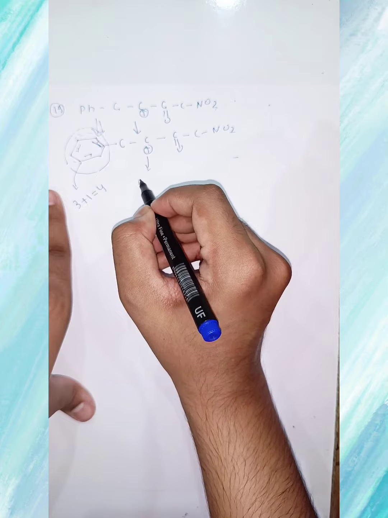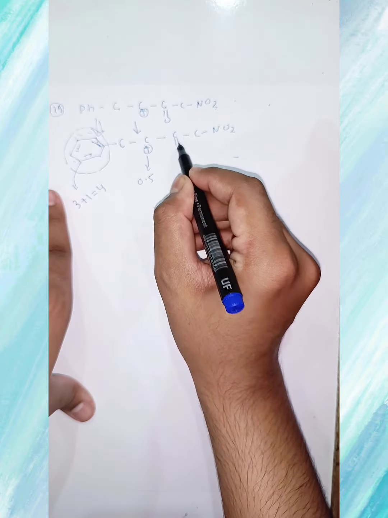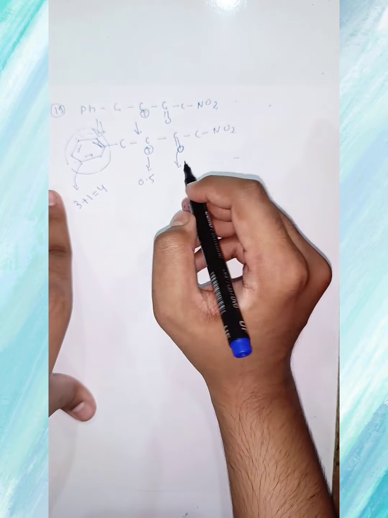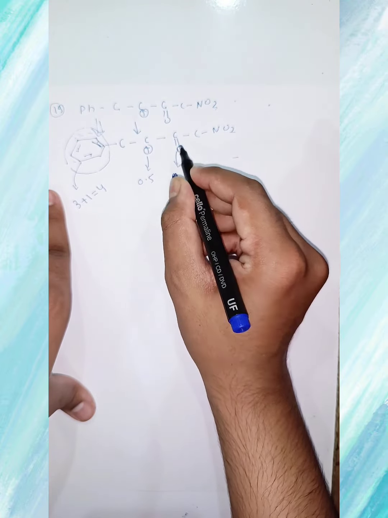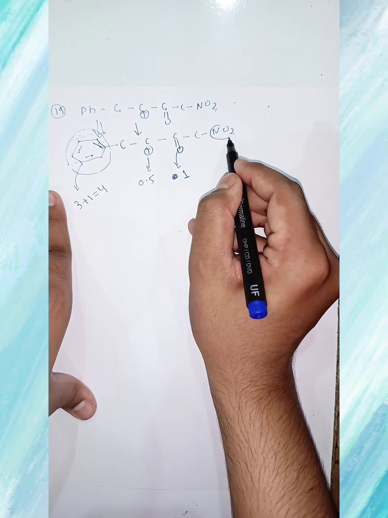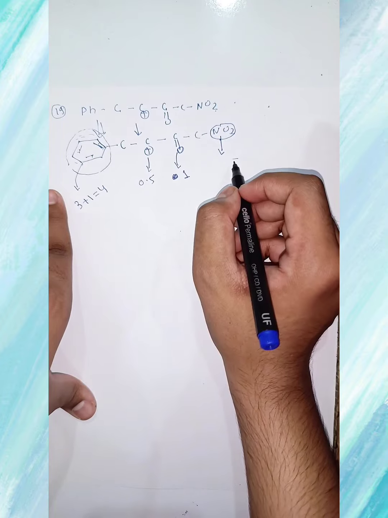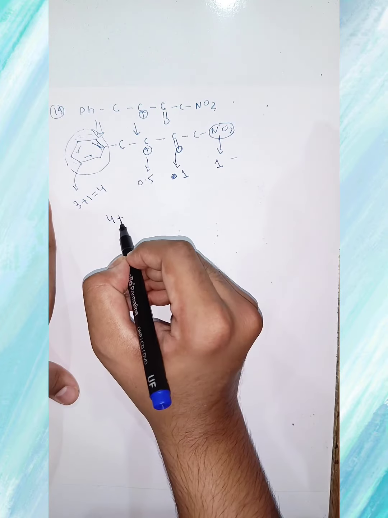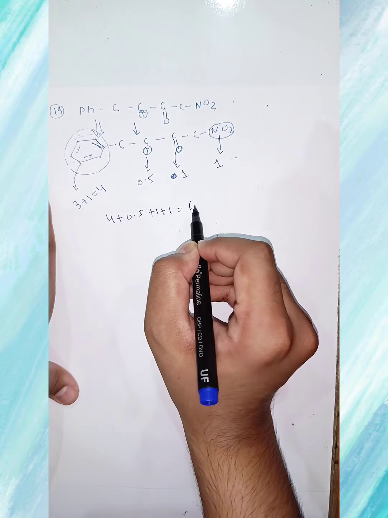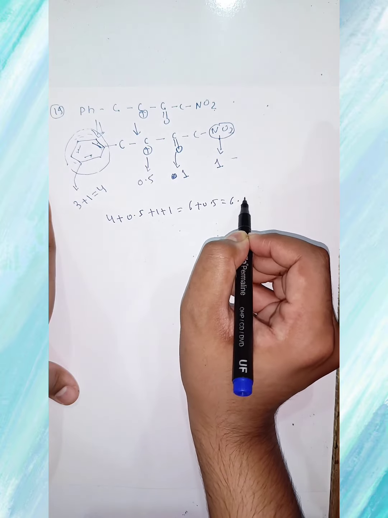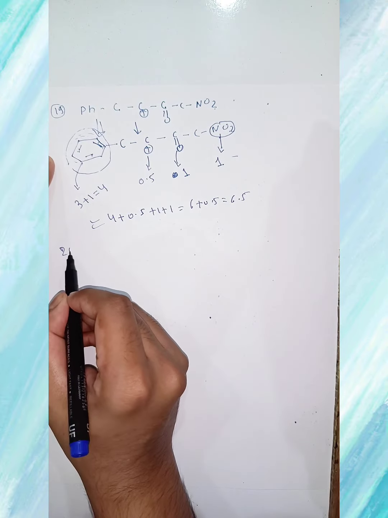This positive charge contributes a DU of 0.5. This double bond C double bond O contributes 1. And this NO2 group is a functional group having 1 DU in itself only. This is all 4 plus 0.5 plus 1 plus 1, 6 plus 0.5 yields 6.5. This is the answer. Simple question.